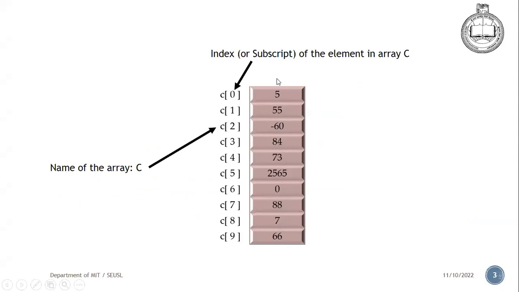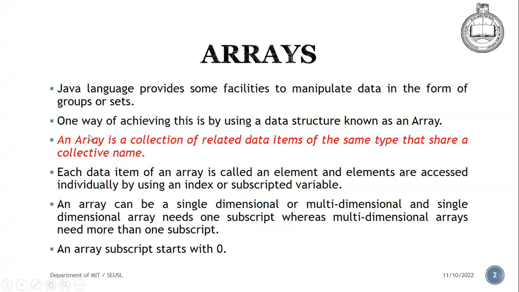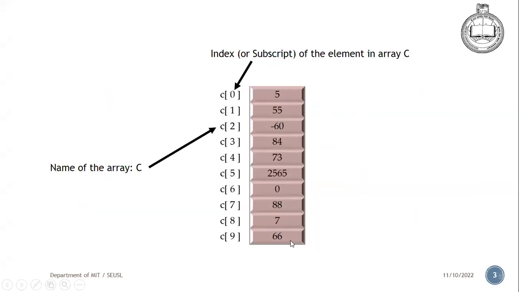As we discussed, an array is a collection of related data items of the same type. Here they are related elements because they are all numbers, and we are trying to group these numbers into a single array.